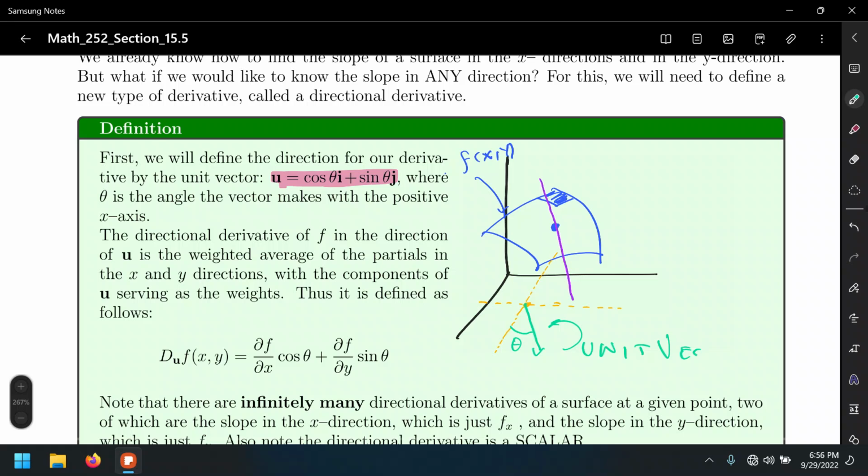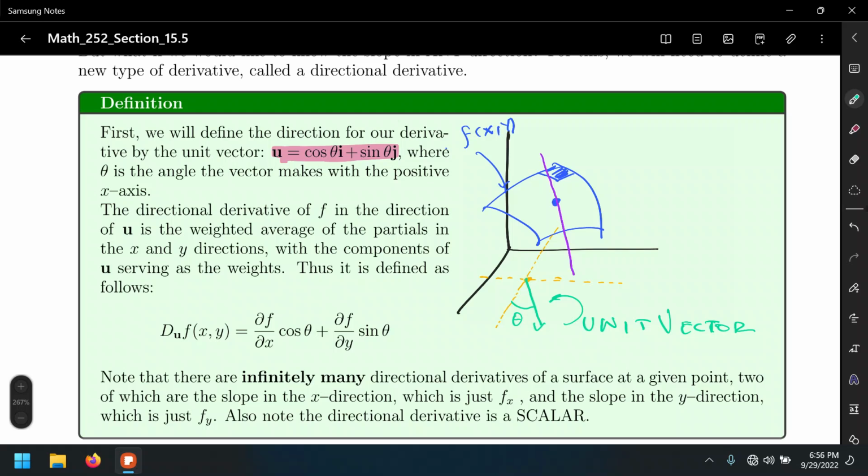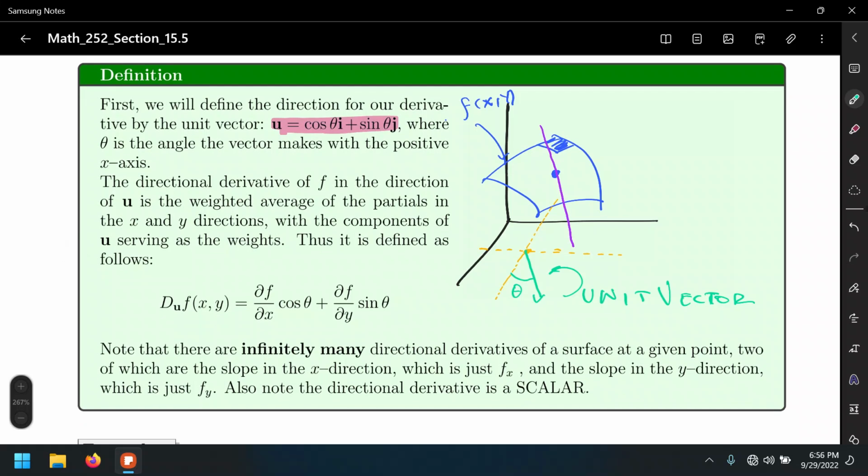And for now, for the simplest case, let's consider that unit vector cosine theta i plus sine theta j. The directional derivative then will be the product between those derivatives times cosine and times sine respectively. So essentially, those derivatives in the x and the y direction will be weighted in their corresponding x direction and y direction.